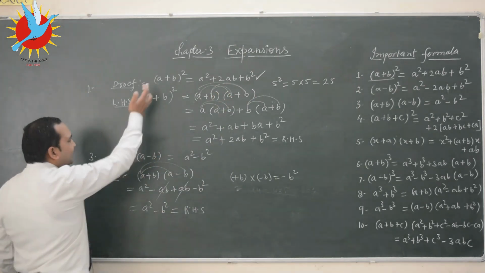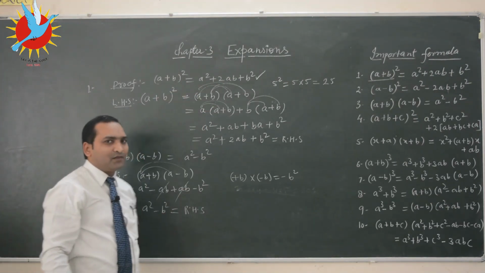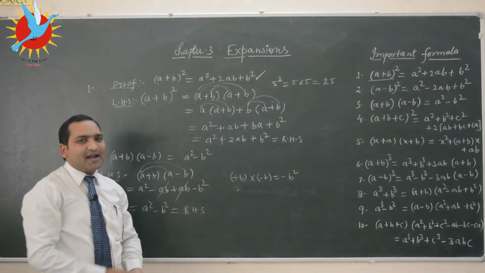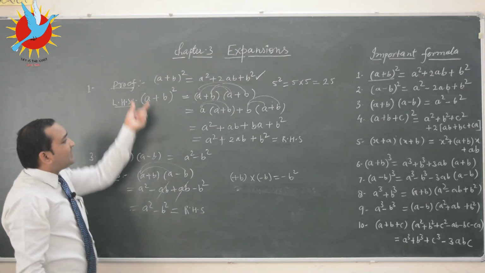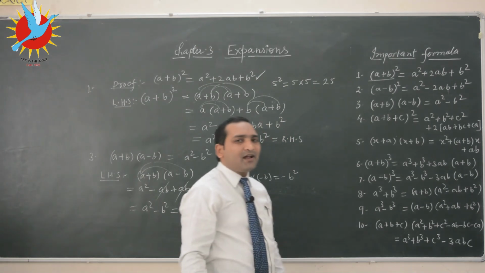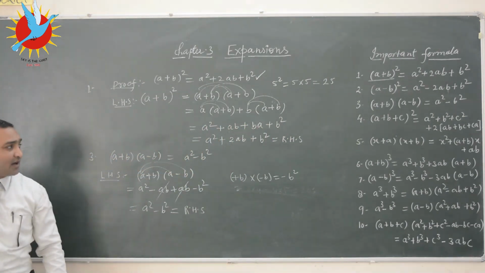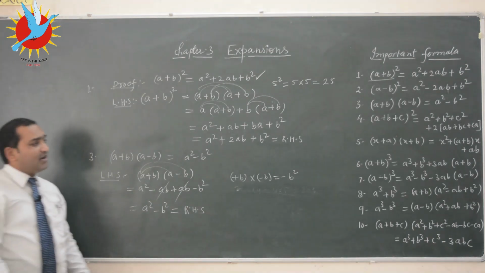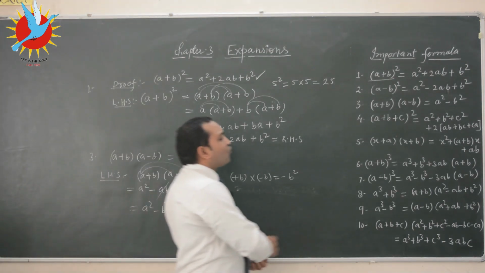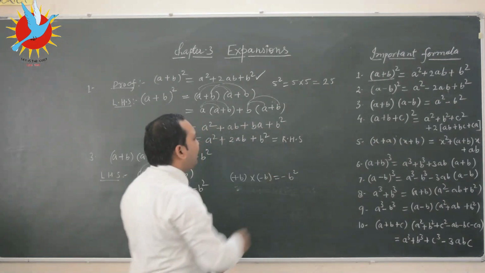So in this situation LHS is equal to RHS. So we can say that these special products are called algebraic identities. Similarly, the fourth one also, (A + B + C). So first we discuss these three.